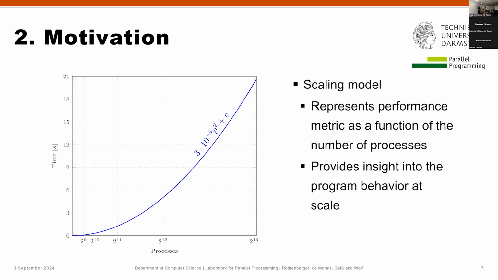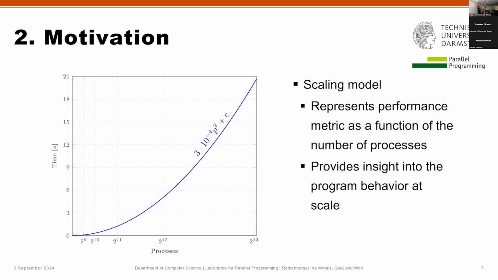Basically, they are equations that show the performance of some metrics as functions of inputs like the problem size, the number of processes, and so on. You want to see how these input variables change the performance of our code. This provides insights into the program's behavior that you should assume before you start scaling the code.